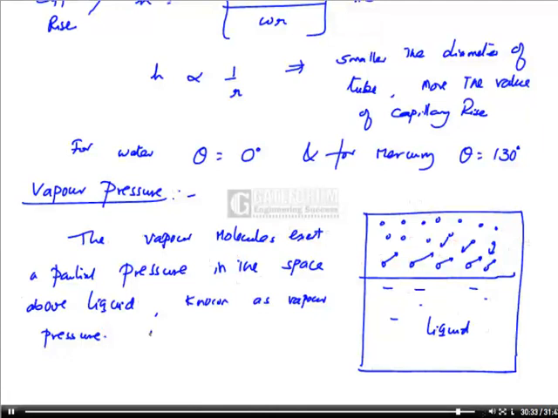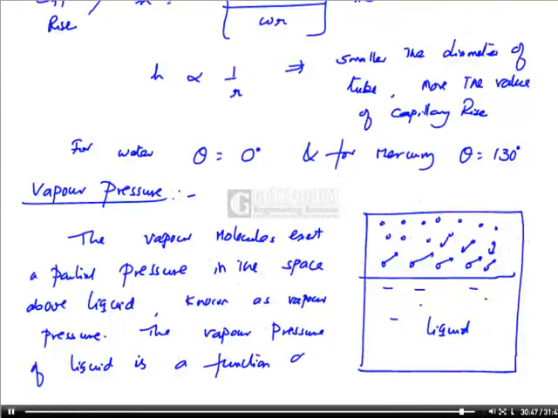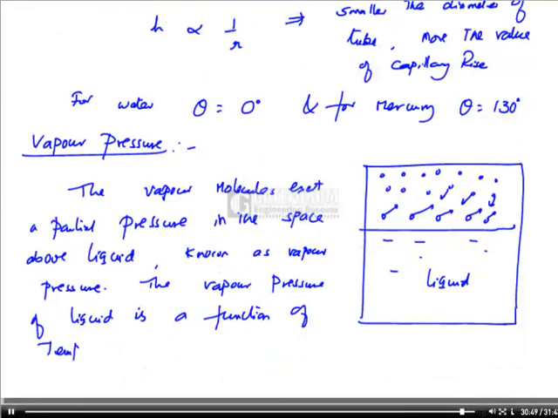The vapor pressure of a liquid is a function of temperature only, and is equal to the saturation pressure for boiling corresponding to the temperature.